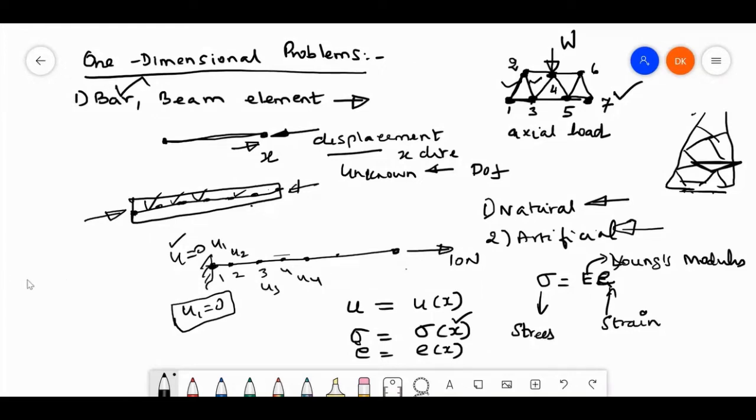So in this finite element approach, you need some relations. One is the total potential energy, which I am going to use for deriving the finite element equation. The second one, I need the stress strain relationship.